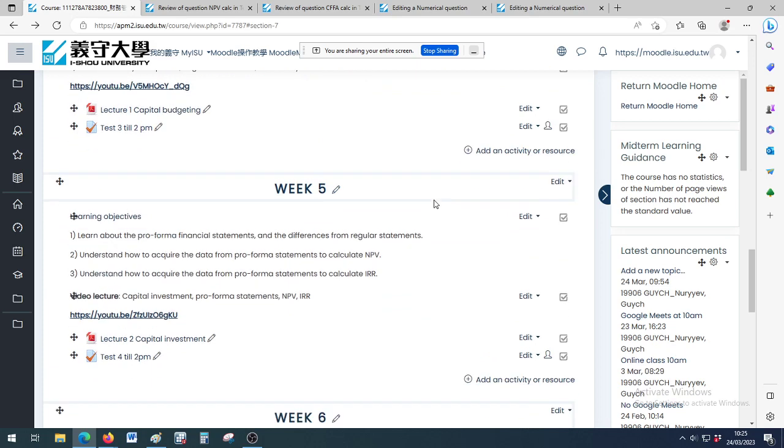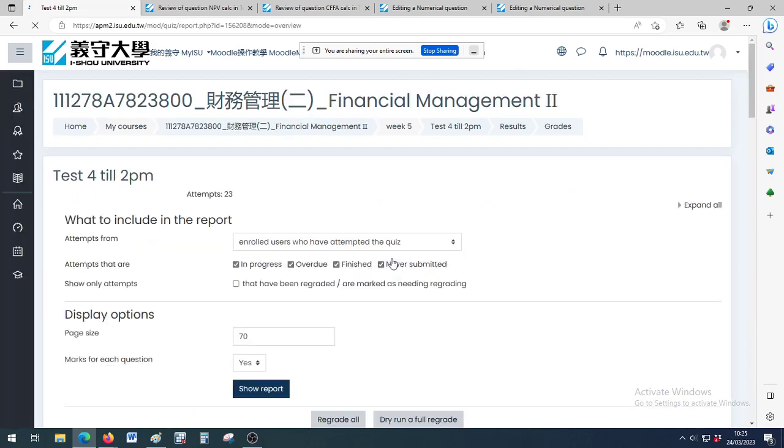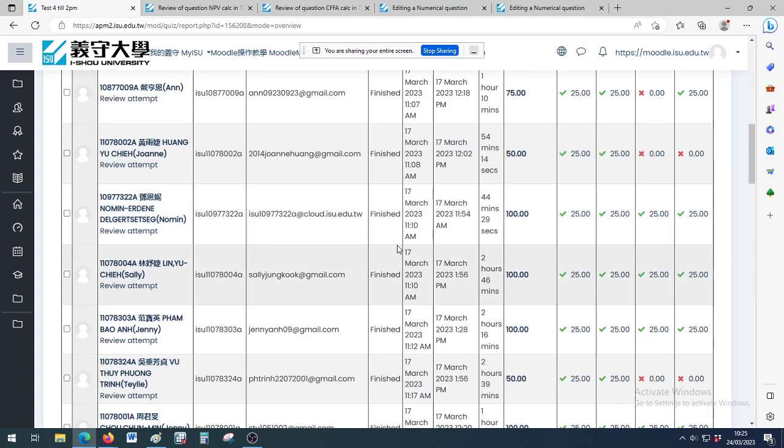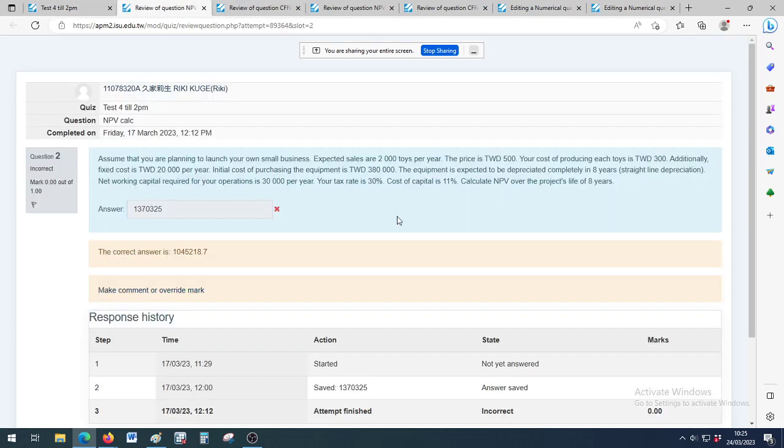Last week, week 5, test 4. Yes. Here. So you got this wrong and this wrong, yes? Yes. About something like a calculation. Right. Okay. So here, this is your answer.